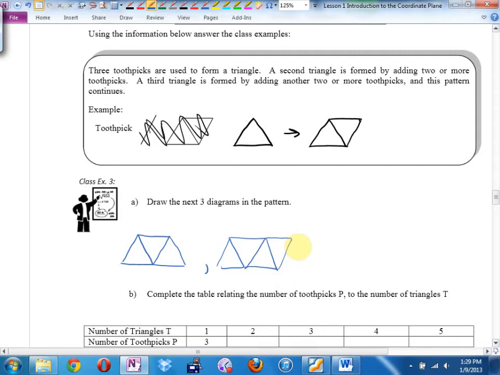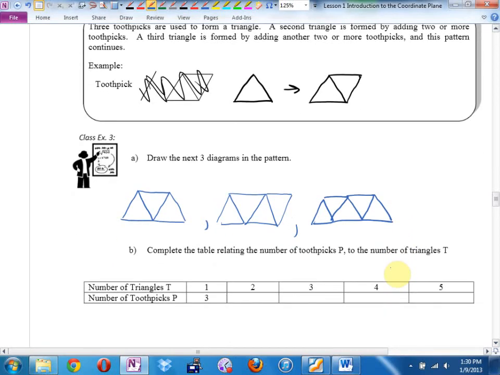Let's do one more real quick. It would be the original, add 2, add 2, add 2, and we would add 2 more. So it said draw the next 3 diagrams of the pattern. I think the next 3 diagrams would look like that. And I could keep going, but I spotted the pattern.